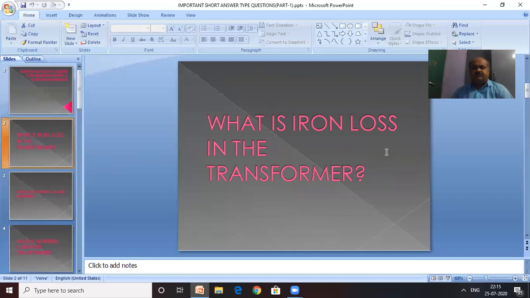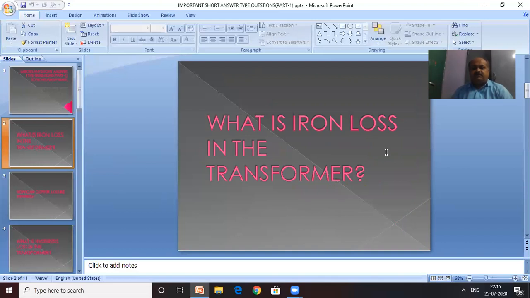What is iron loss in the transformer? Iron loss is due to resistance of the iron core and eddy current induced in it.